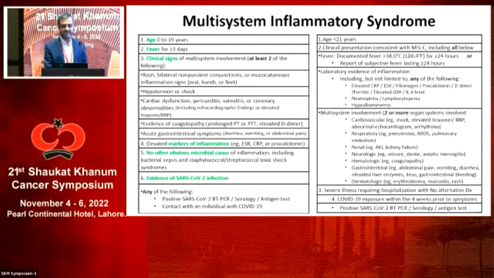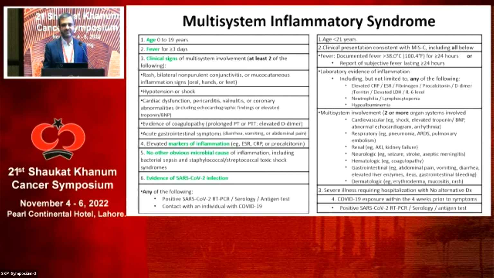So if we look at the definition of multi-system inflammatory syndrome, it basically says that if a child has a fever of more than 3 days with clinical signs of rash, conjunctivitis, mucocutaneous involvement, with shock or cardiac dysfunction or evidence of coagulopathy and GI symptoms, any 2 out of these 4, plus raised inflammation markers and no other obvious diagnosis, then you label these children as having MISC.